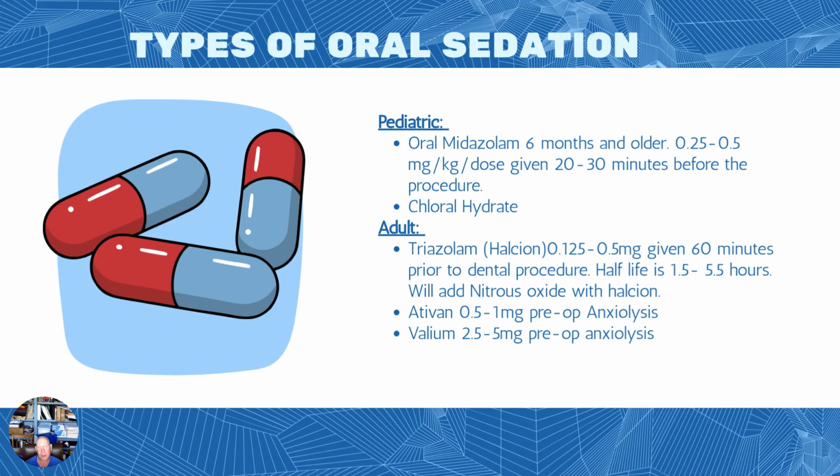The type of oral sedation used for minimal and moderate sedation in pediatrics today is usually midazolam. It's used starting at 6 months and older. When we think about pediatrics, it's 6 months and older up to puberty. Once you go through puberty, you're physiologically an adult.